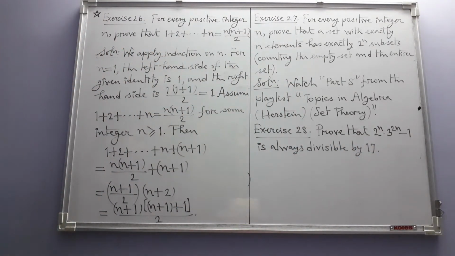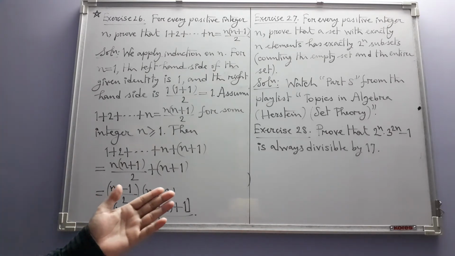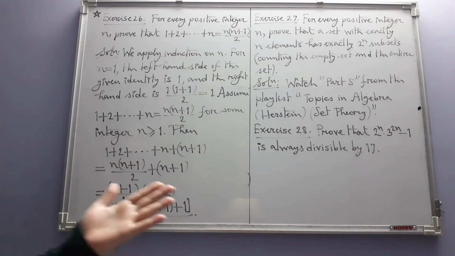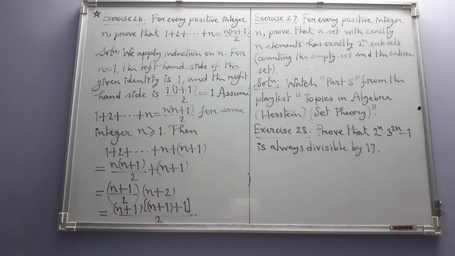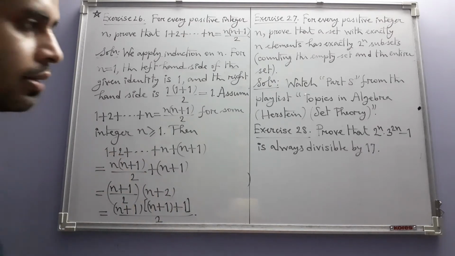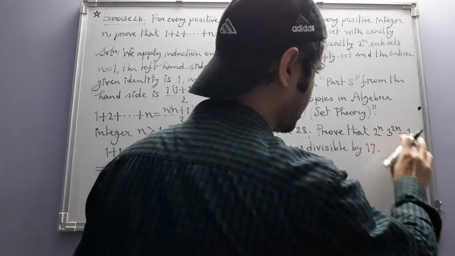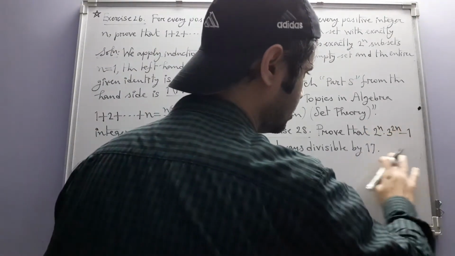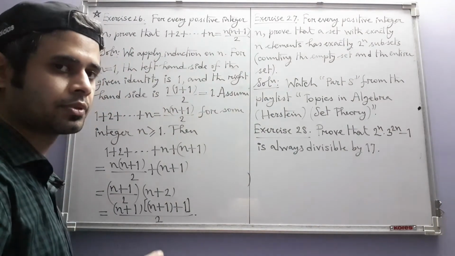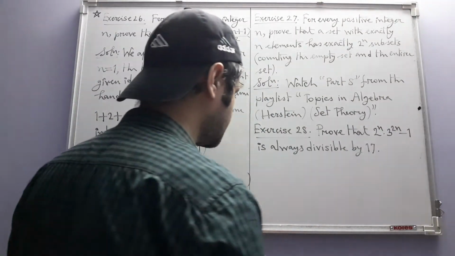Okay, they have simply written always divisible by, so we have to take the smallest possible value of n that makes sense. That means we have to start n with 0, because even in that case this is an integer, so we can see whether it's divisible by 17.